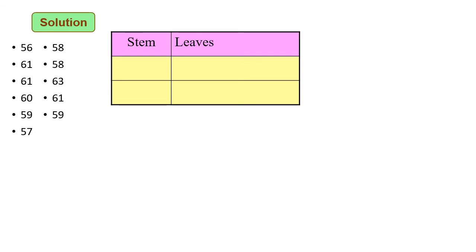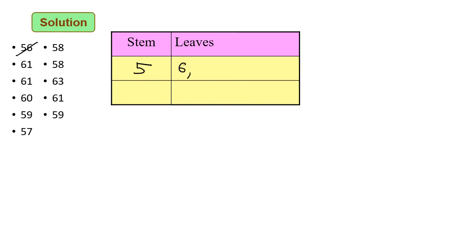The smallest one is 5, so we put 5 here. And then the leaves, we sort according to the smallest until the highest one. The smallest one will be 56, so we put 6 here.